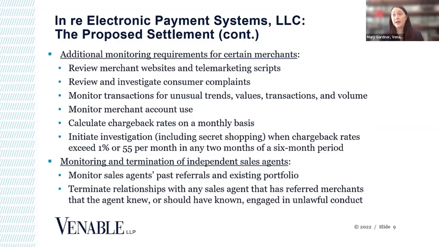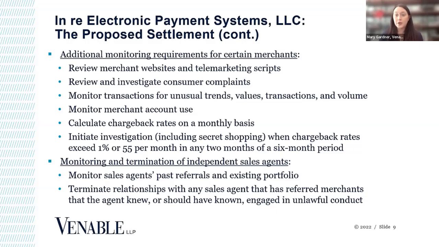It also put in place monitoring requirements once one of these merchants that fell within one of these heightened scrutiny categories was onboarded as a client. So EPS is required to regularly monitor merchant websites and telemarketing scripts for any signs of unfairness or deception. They have to investigate consumer complaints.